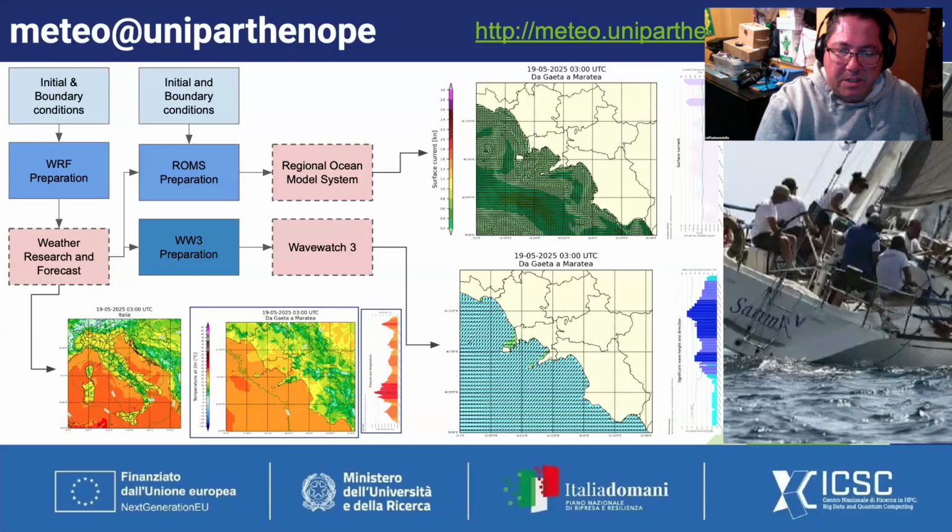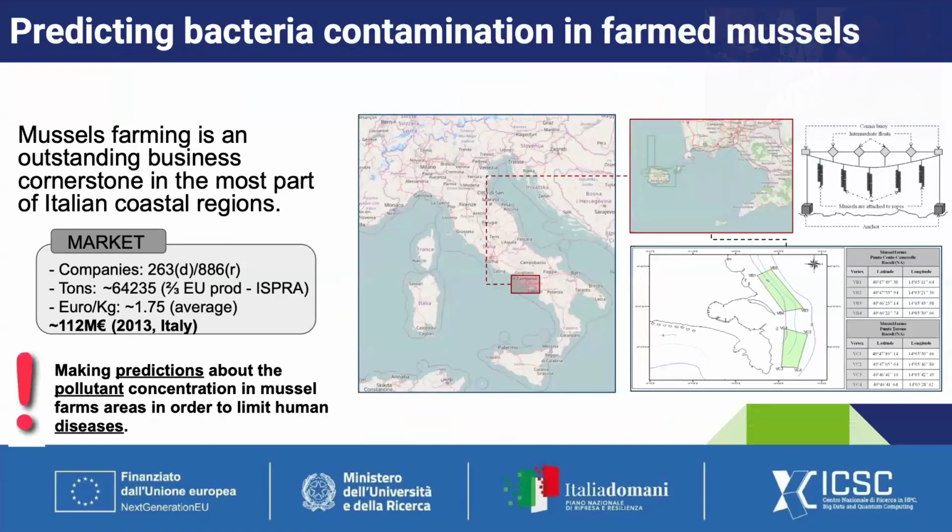That is pretty big because the full Campania region is 300 kilometers northwest to southeast, and the extension seaward is 60 miles, about 120 kilometers. And this is our signature application.